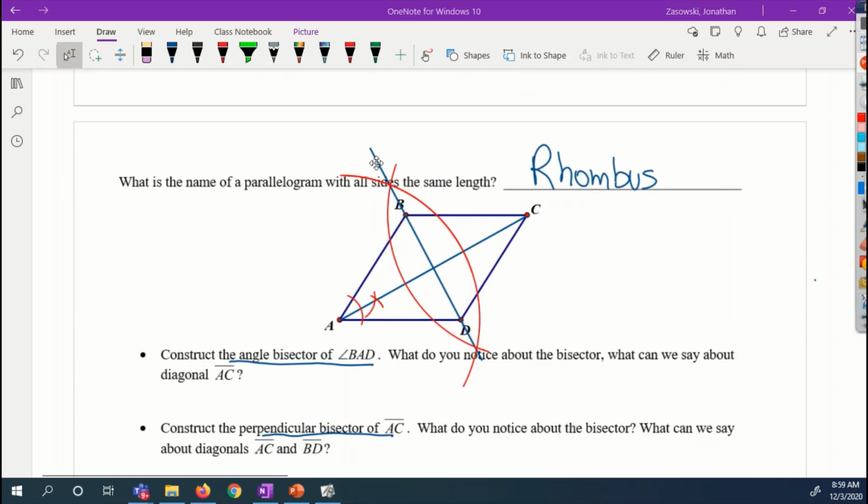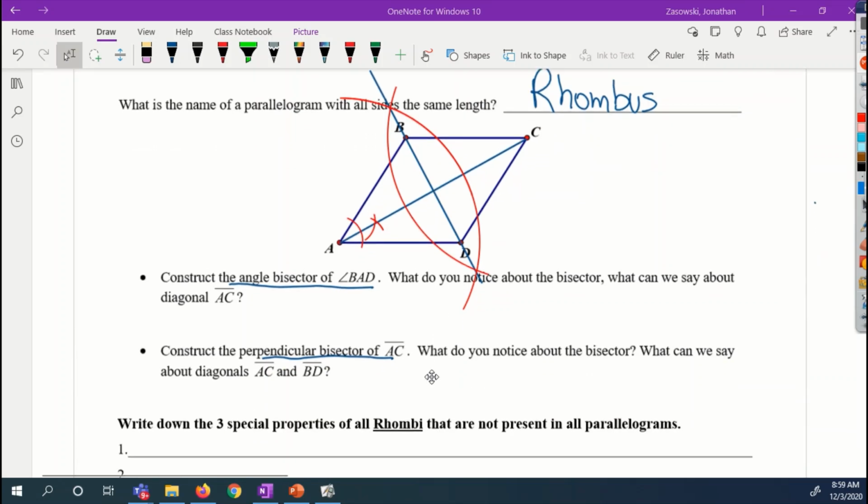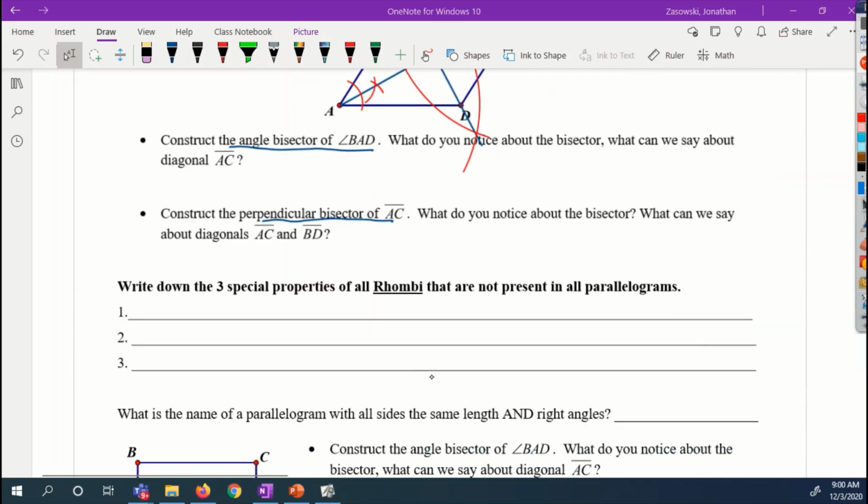So the perpendicular bisector, okay? What this tells us is two things. Number one, that the diagonals are bisecting the angles, and that these diagonals are also perpendicular to each other. And they bisect, but the bisecting part is a property of the parallelogram.